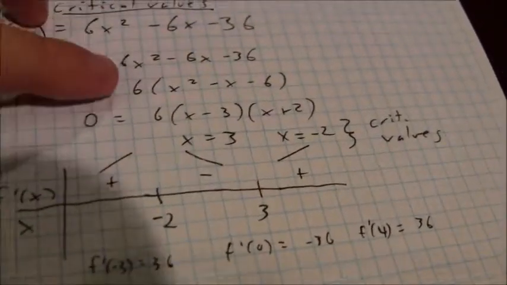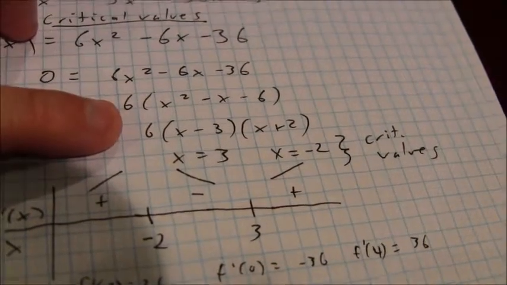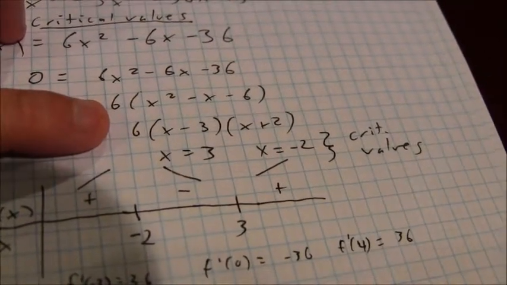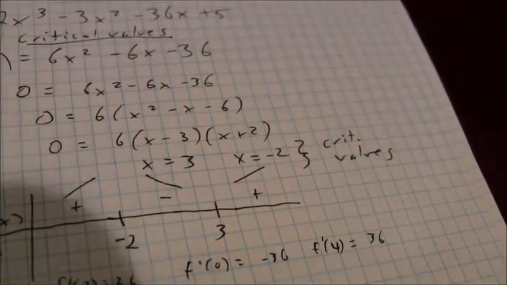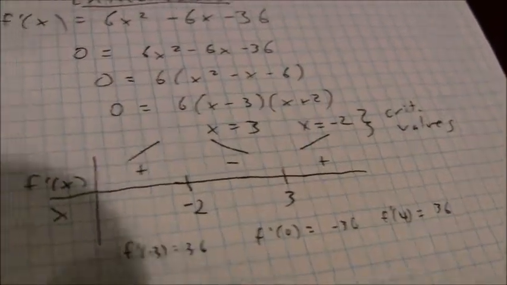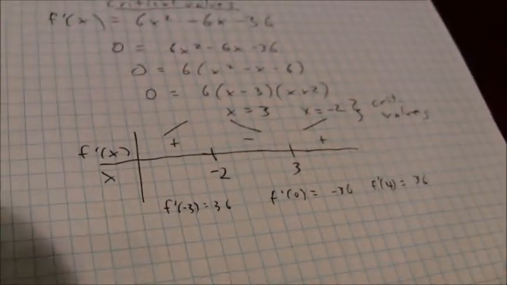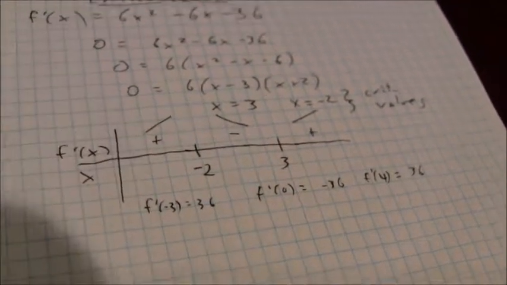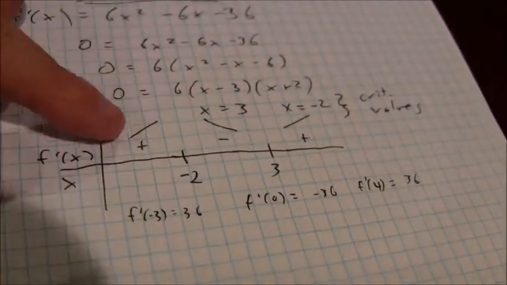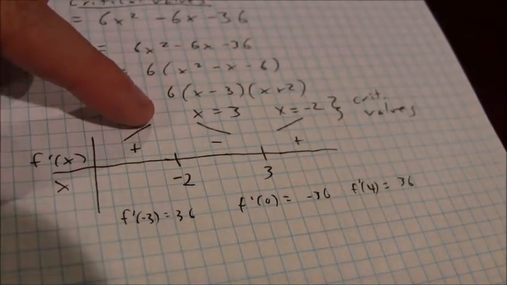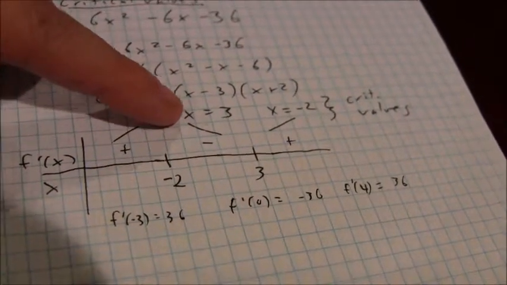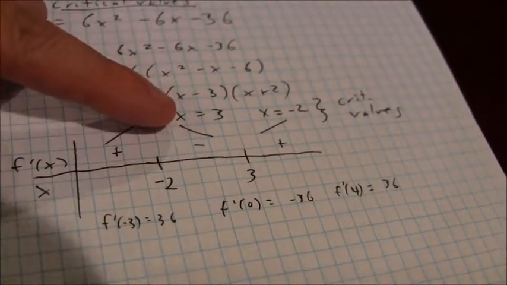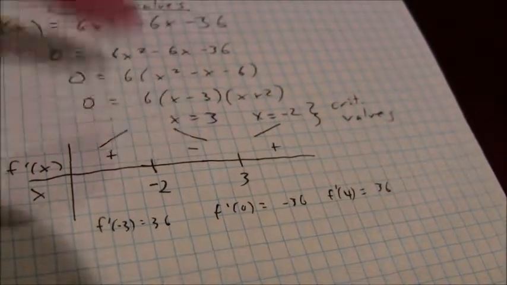So if you want to go back to this factored equation here and just substitute in and think about what the signs will be, you really don't have to find the actual functional values. But there is my number line for my first derivative. Basically it says the graph increases from negative infinity up to negative 2, decreases between negative 2 and 3, and it's going to increase after 3.